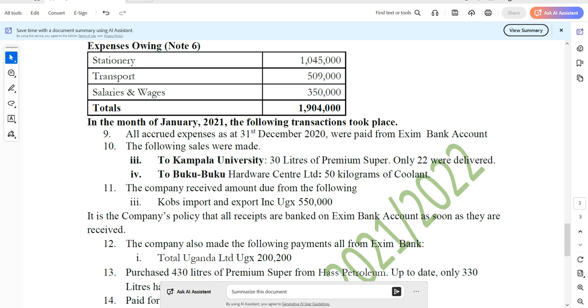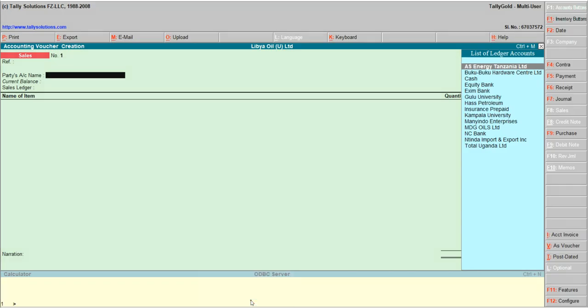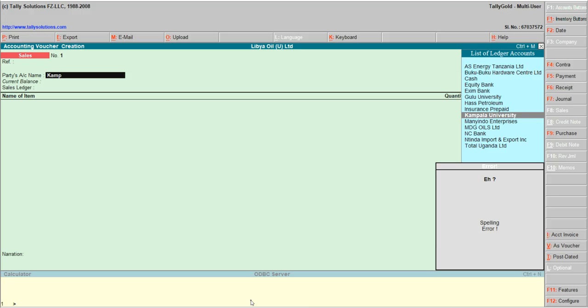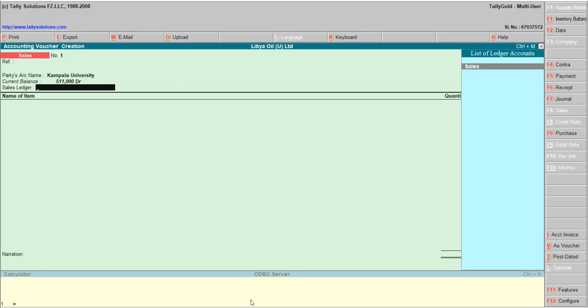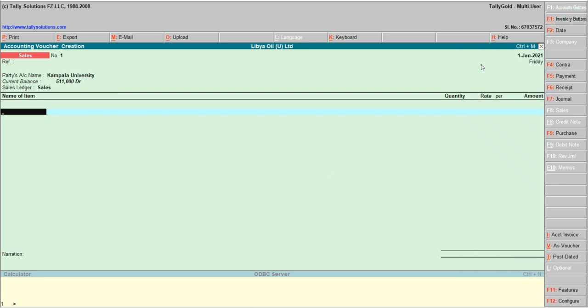They sold to Kampala University. Dispatch details, order details, what are these details? Just enter. Then the sales ledger, that is the sales account. You select the sales account.